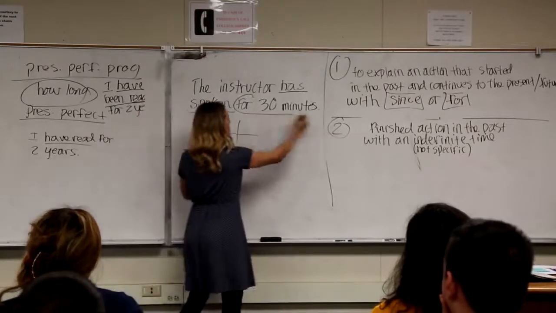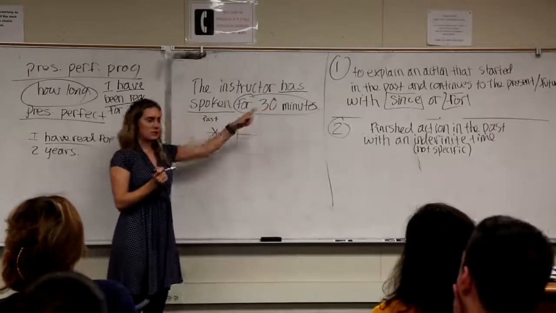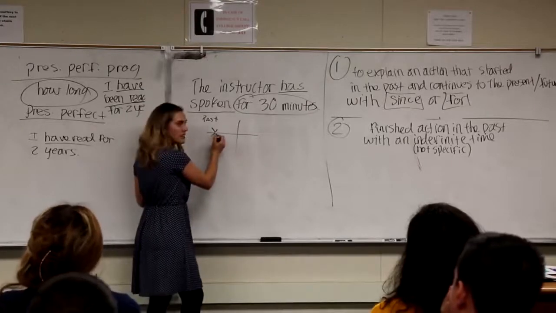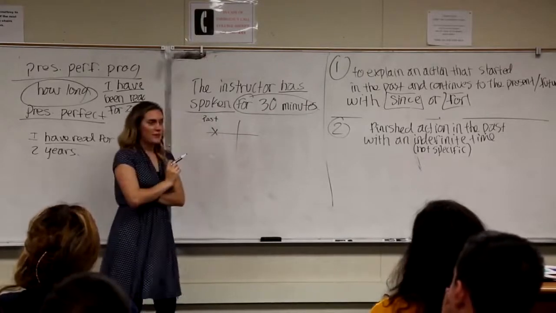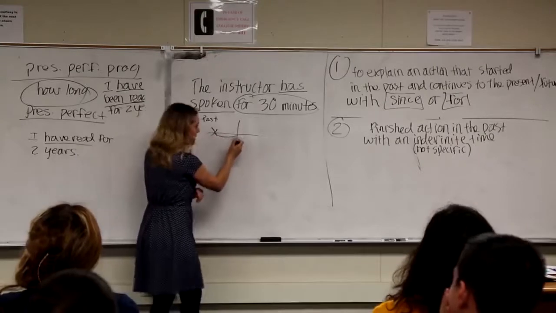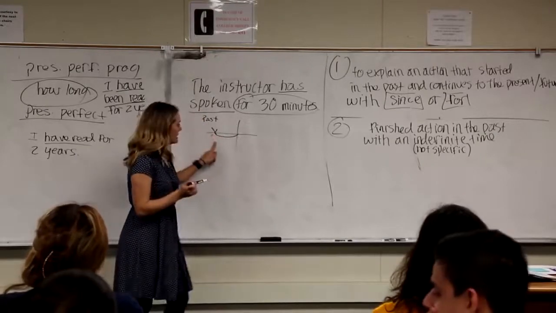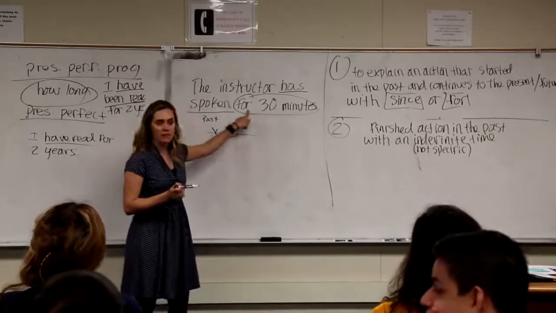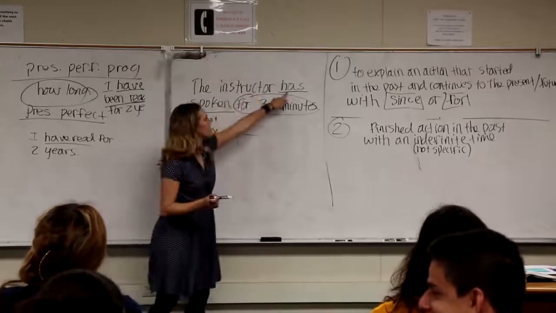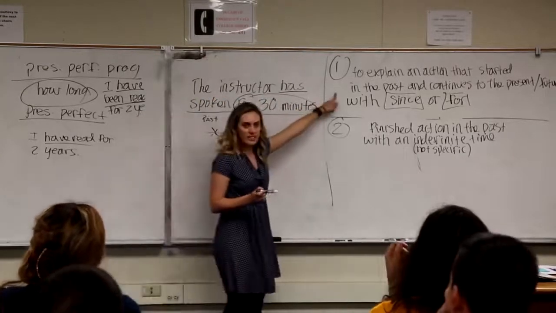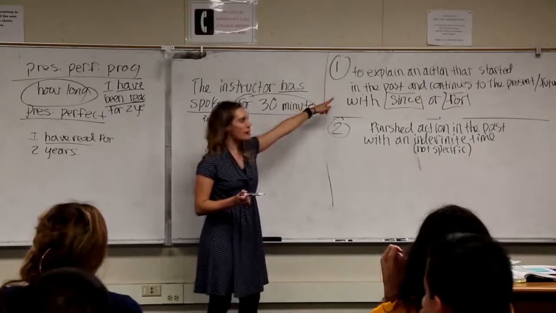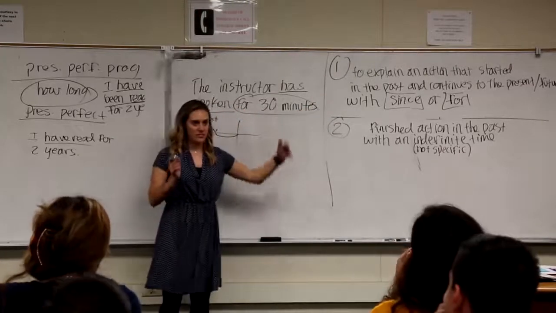No. I'm using for and since, so it means it started in the past and continues until now. Why? Because I have for. When I use the present perfect with for, it means the action started in the past and continues until now.